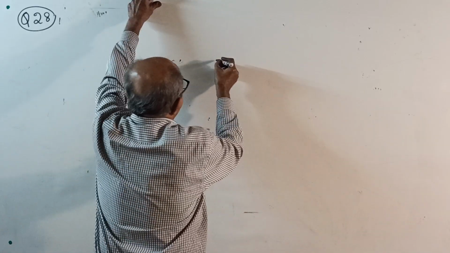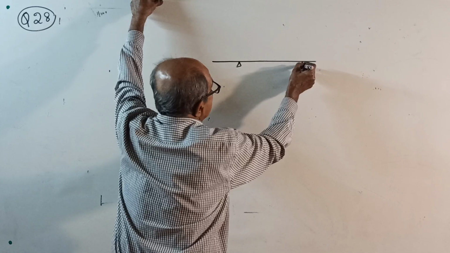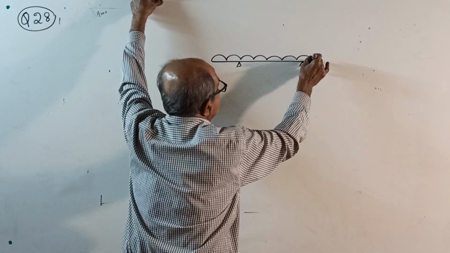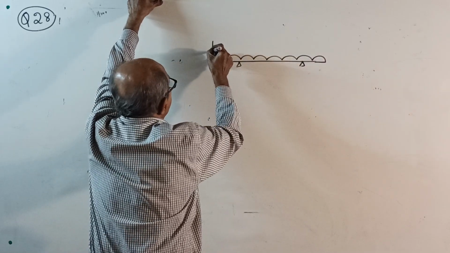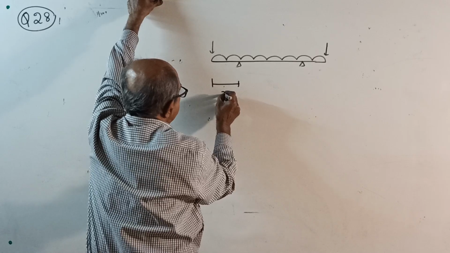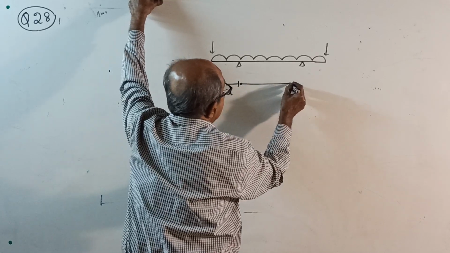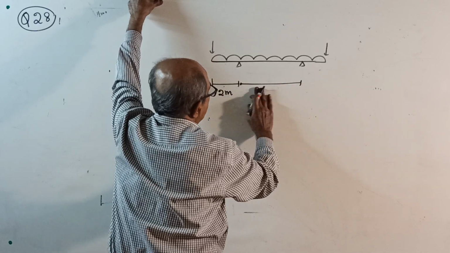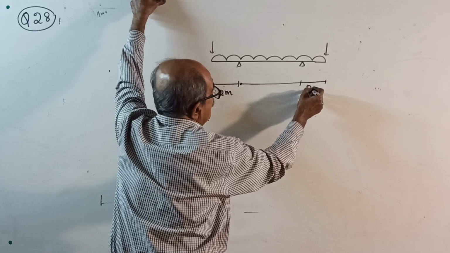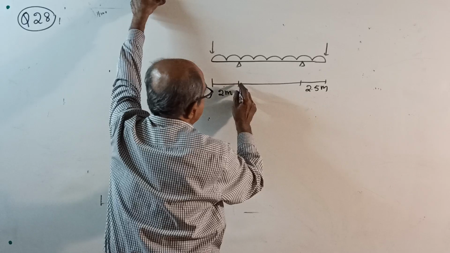Okay, see. Simple question. Full UDL, no change. Just two point loads. 3 meter, 2 meter, 8 meter. This is 2.5 meter.